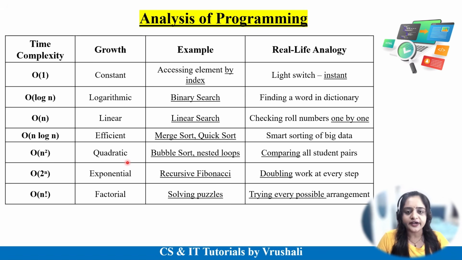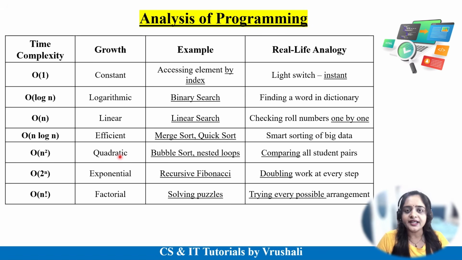The next one is quadratic, like bubble sort or nested loops. If in your program there are two loops, let's take the example of bubble sort. While implementing the bubble sort program, there are two loops. The first loop indicates the passing, how many passes are generated, and the second loop indicates the comparisons, which always go from start to end.